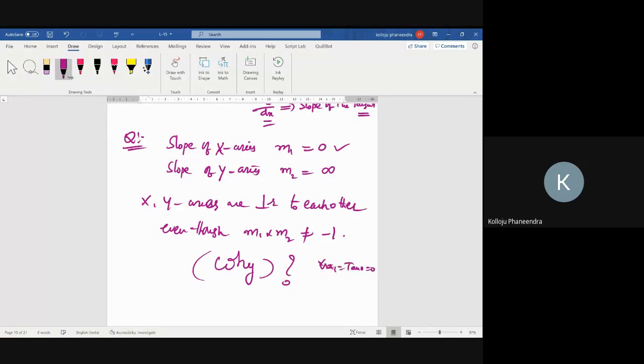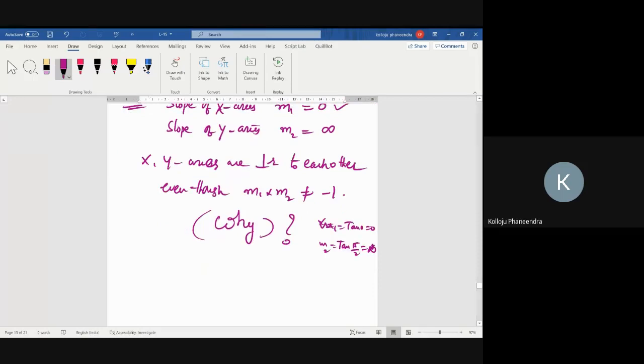Agreed. Y-axis slope m2 with the x-axis is 90 degrees, tan 90 equal to cot pi by 2, 1 by cot 0, infinity. Why are you converting to tan cot? Sir, multiplying then gives minus 1.